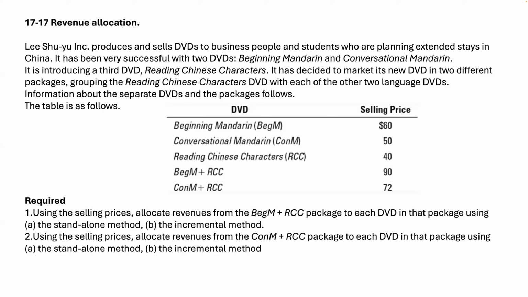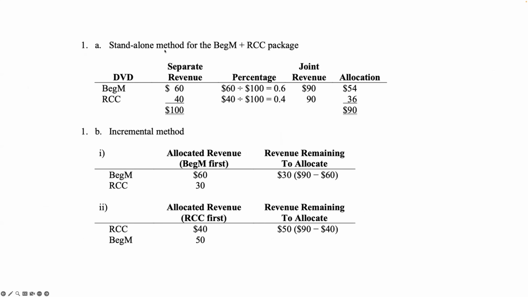This is the question, revenue allocation. I think I provided the answer. It is actually quite straightforward and simple. So when you think about the standalone method for bag M plus RCC, basically you want to know how much of each of these items can be sold on its own, and then you add them up, and then you calculate that percentage, and then you know how much money you get when selling two components together.